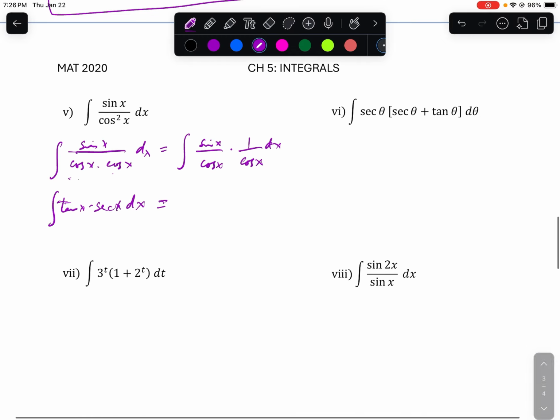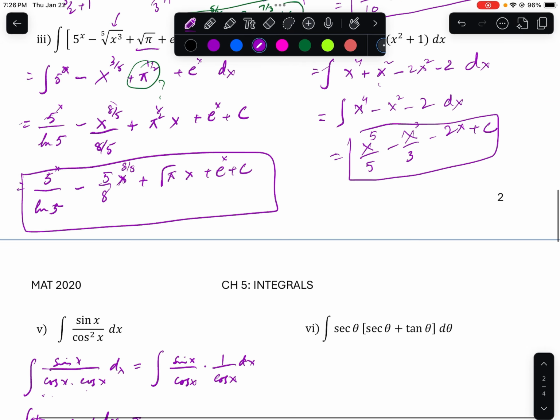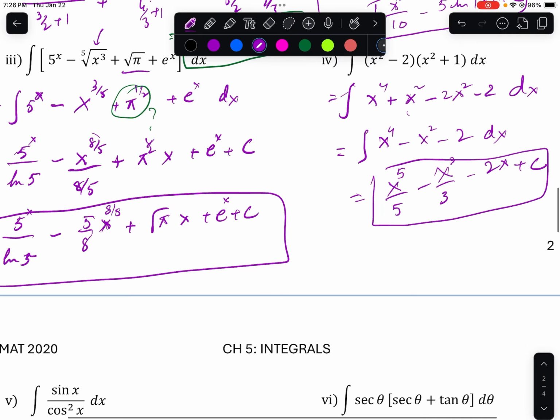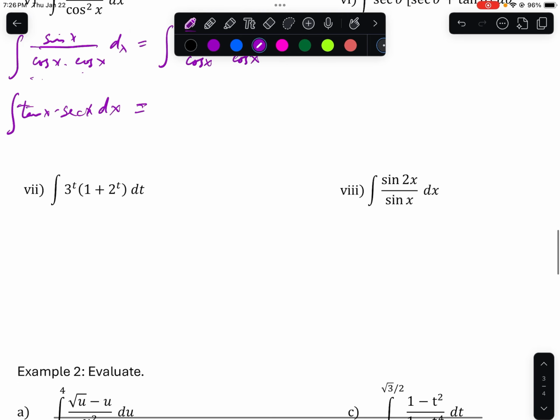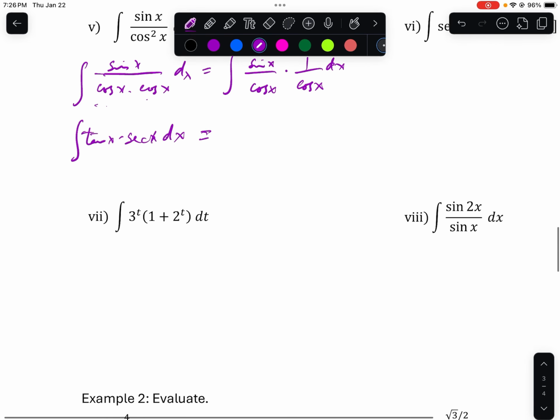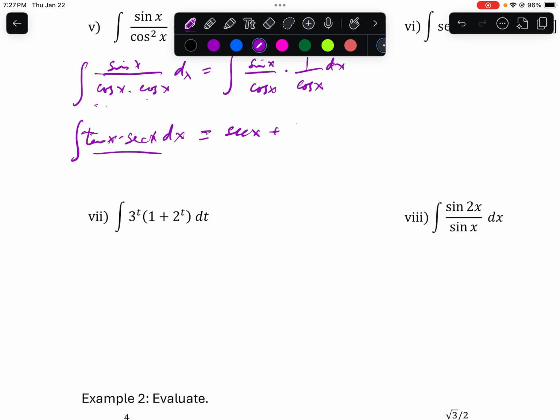Did you get it? You can always go back and look in the table, but eventually you have to kind of know it. So this is the derivative of secant x. So the entire antiderivative of this quantity will be secant x plus c.